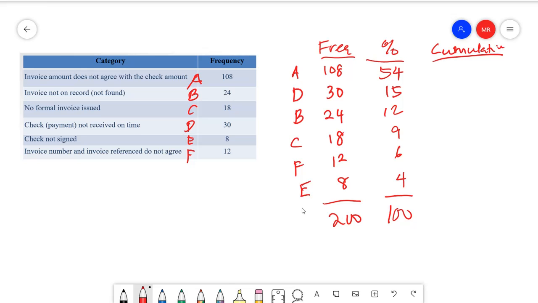For the first one, 54, the cumulative is maintained at 54, then plus 15 is 69, plus 12 is 81, plus 9 is 90, 96, 100. So this is the table that you need to establish.